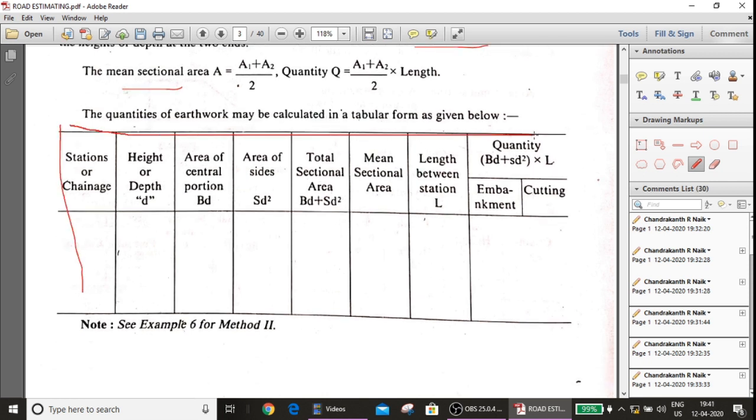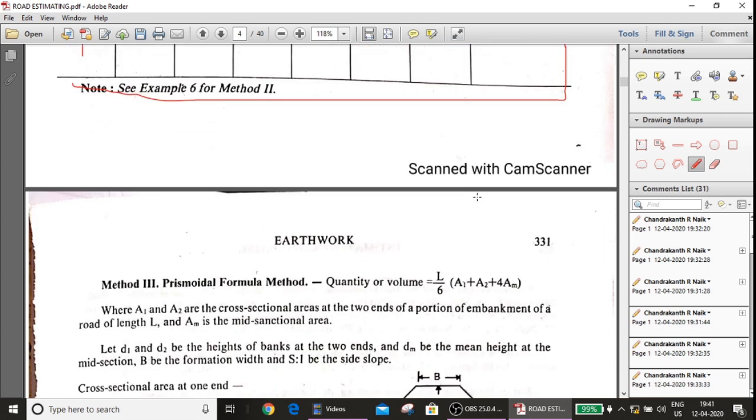Same tabulation form. Okay, station, height, area of the central portion, area of the sides, total sectional area. So here we get one extra column, mean sectional area, because here mean depth is not there, mean sectional area we will get. So length and quantity.